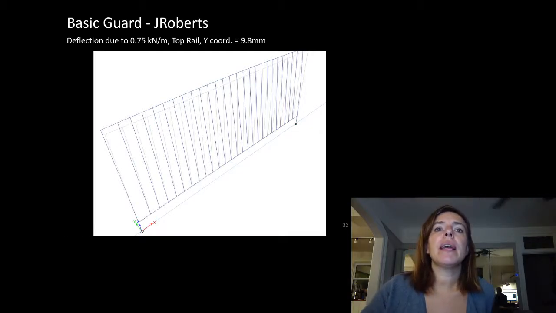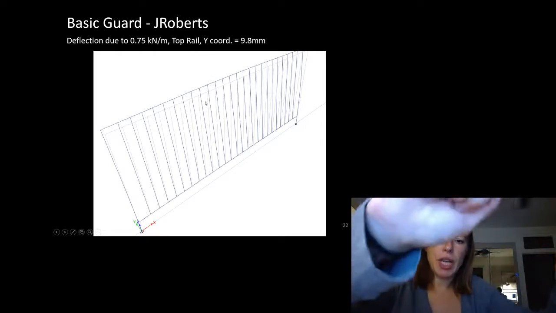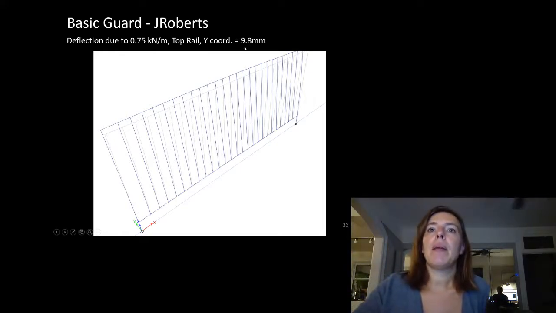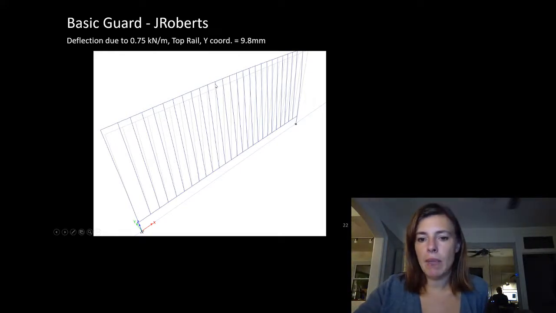And so here is the deflection due to the 0.75 kilonewton meters at the top rail in the Y coordinate. So this is somebody pushing outward on the top of that, and it moved 9.8 millimeters.